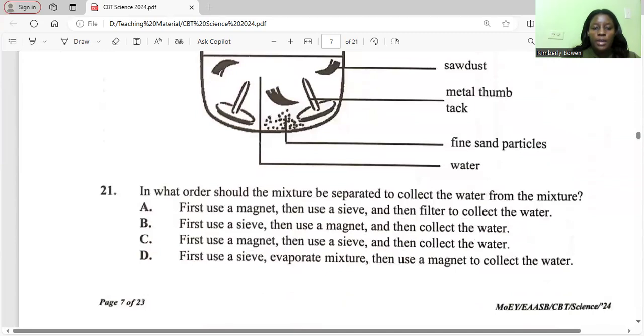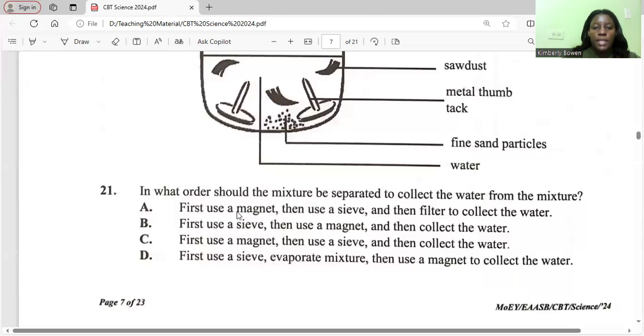So they want to collect the water from the mixture. In what order should the mixture be separated to collect the water from the mixture?